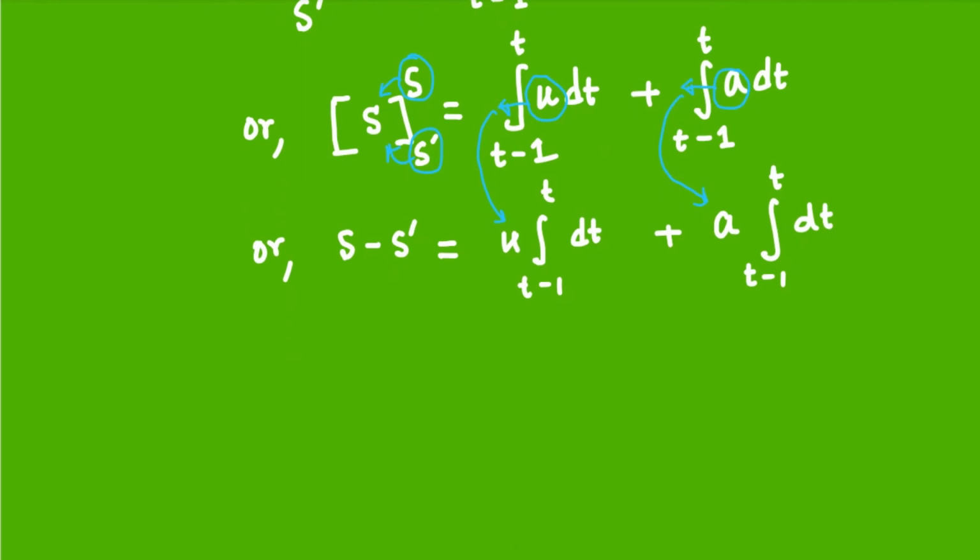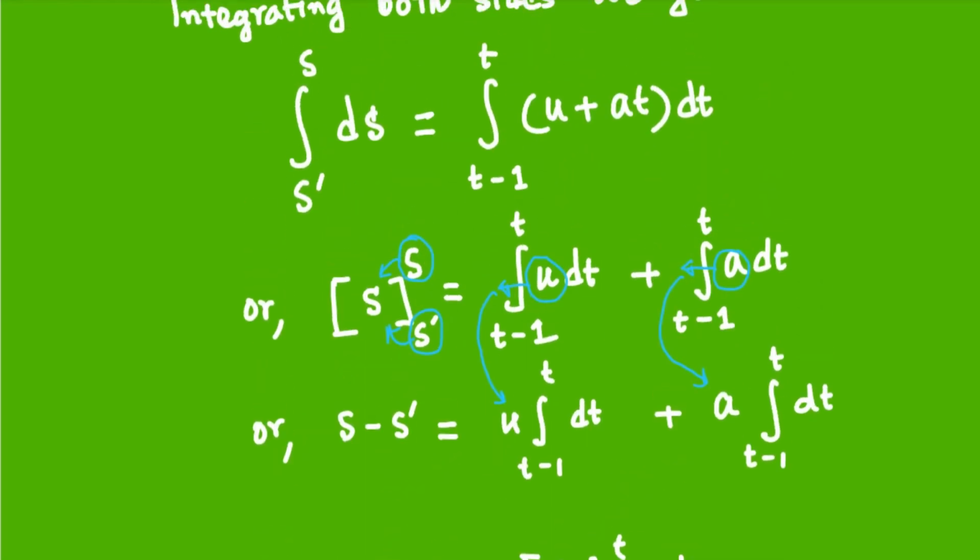Correction should be done here: with a dt we should have a t dt. s minus s prime is st, u integration dt is t, with limits t minus 1 second to t second, plus a integration t dt.